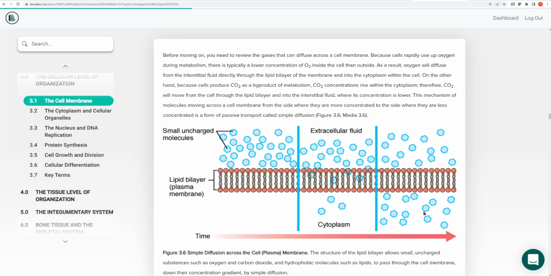Now, I want you to see something about these molecules. It tells us that these molecules are small and uncharged. Another name for uncharged is hydrophobic.